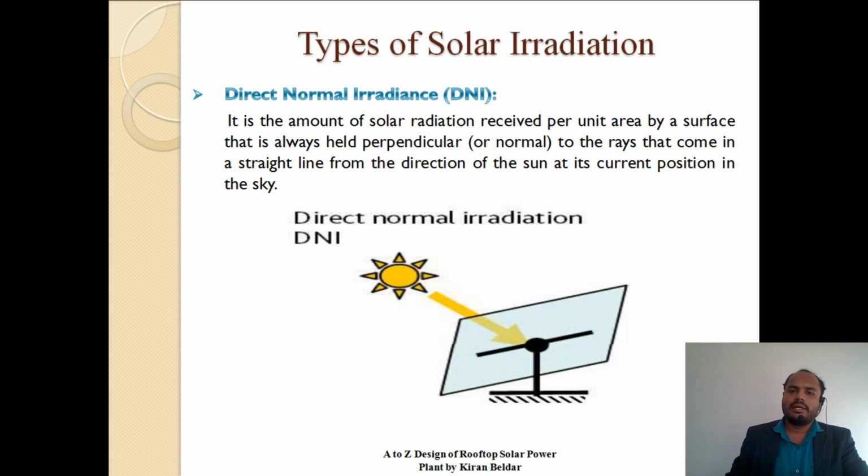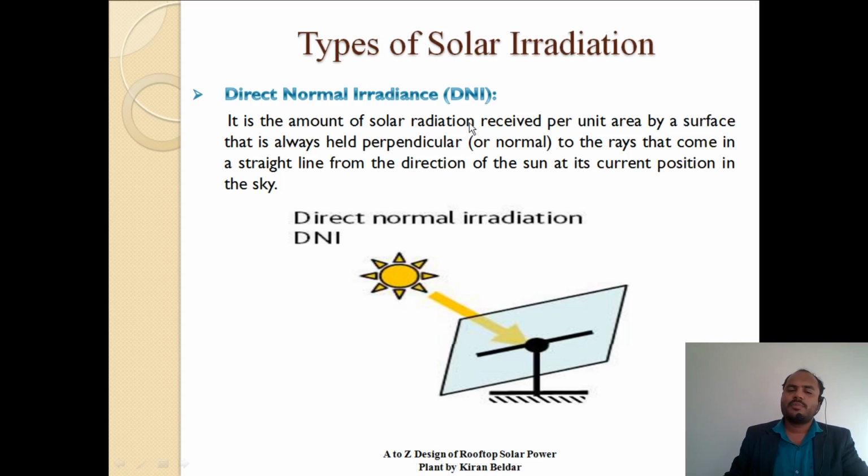Types of solar irradiation. The first category is the direct normal irradiation, that is DNI. Whatever solar radiation is directly falling over the solar panel in the perpendicular direction is called direct normal irradiation.